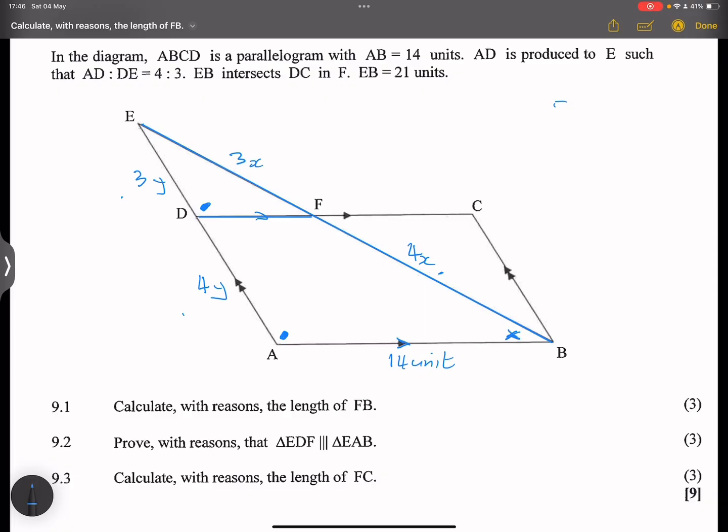This angle here, EBA, will be equal to EFD. And we note that this angle here would be common between them. And as a result, they would be similar. And by the way, why are those angles equal? Because of corresponding angles. Again, those angles are equal because we've got corresponding angles.